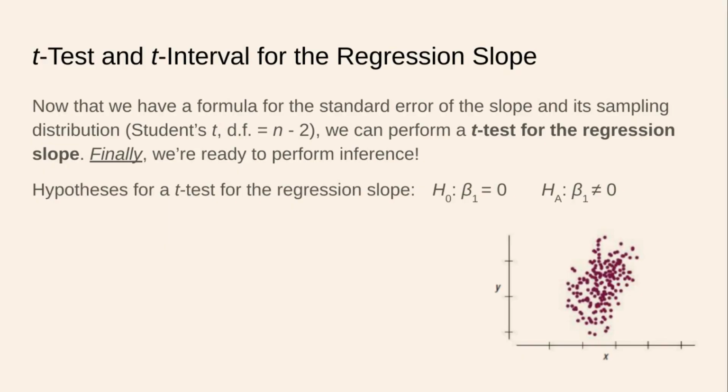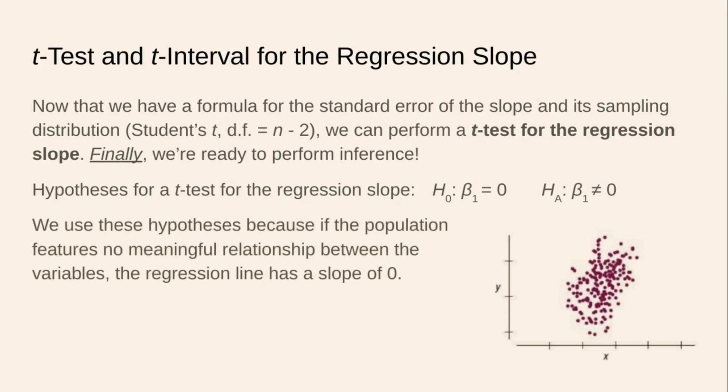The hypotheses for a t-test for the regression slope are, as I've said before, H sub 0 is that beta 1 equals 0. The alternative hypothesis is that beta 1 does not equal 0. Either the slope is essentially nothing, or the slope is not nothing, and there's something interesting going on.